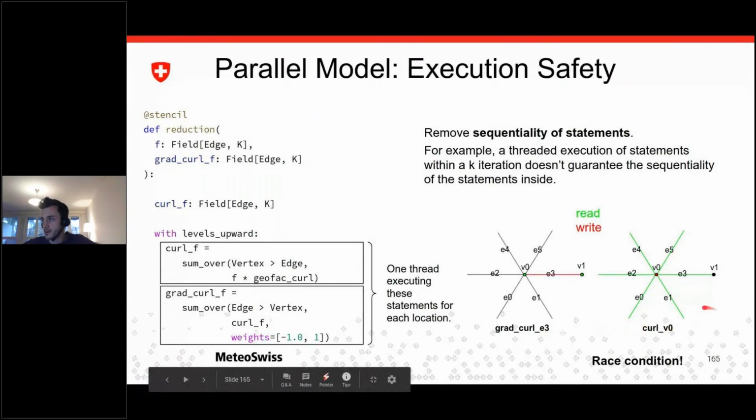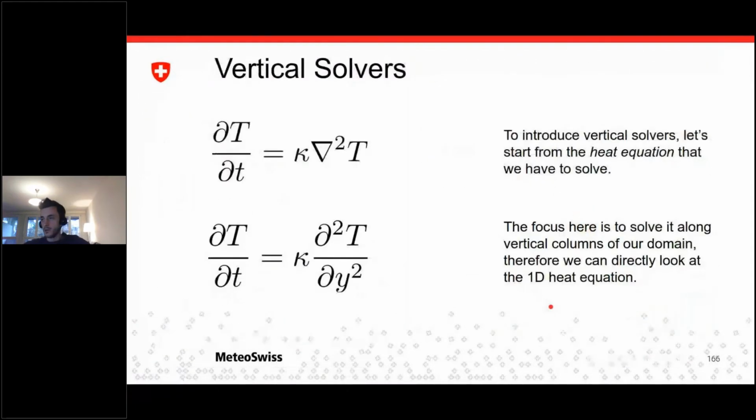This is an example with these two statements. This is the second one, computing the gradient of the curl on edge 3, and this is the curl on vertex 0. So again, depending on which of these is executed first, you get different results. And again, this is dangerous, and we want to avoid it. So this concludes the part about the parallel model.